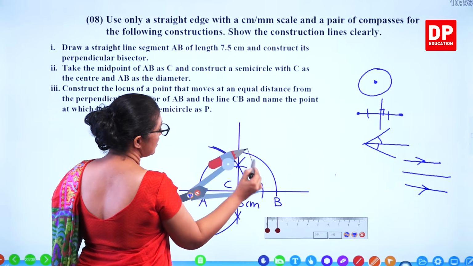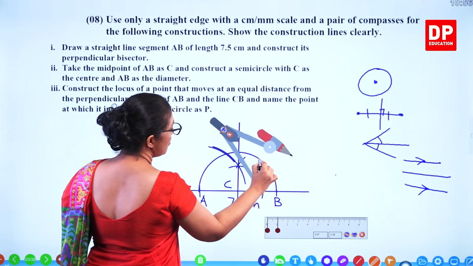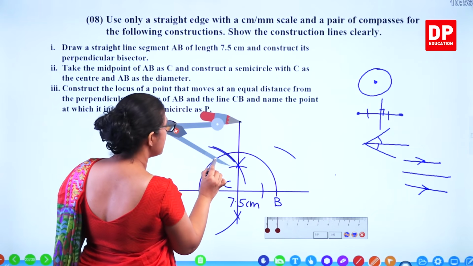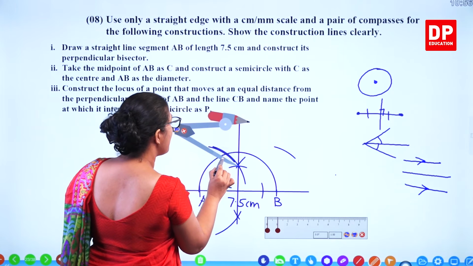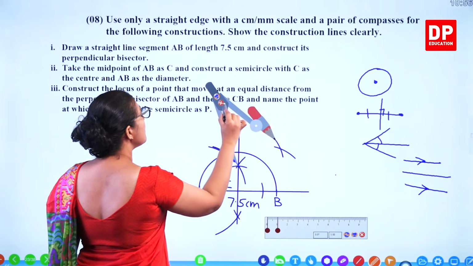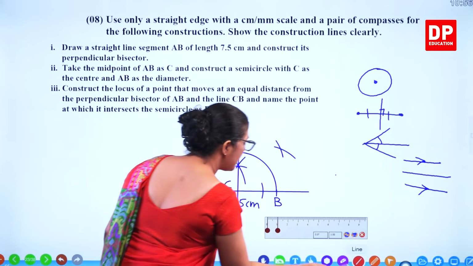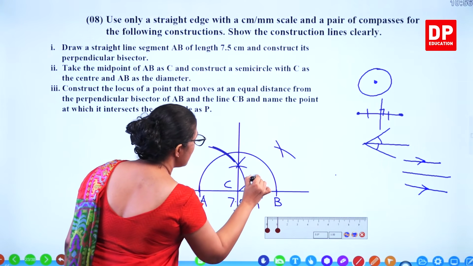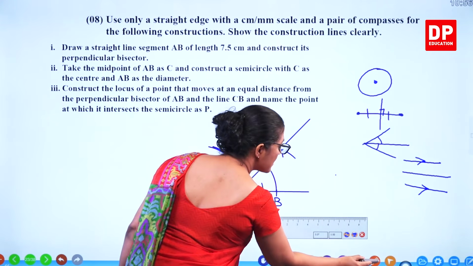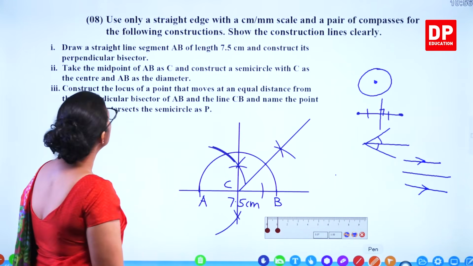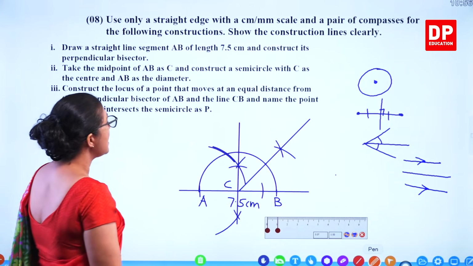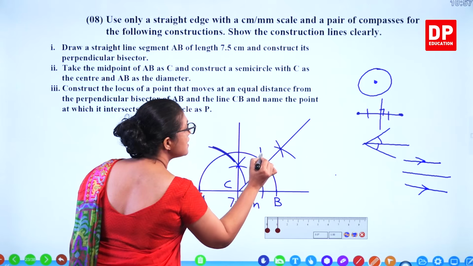I'll take a longer distance and you can draw the arc in the middle and keep it here and draw the other arc. The intersecting point you can connect with C. That's the angle bisector. So what they say, you have to mark the point at which it intersects the semicircle as P. So this point is P.